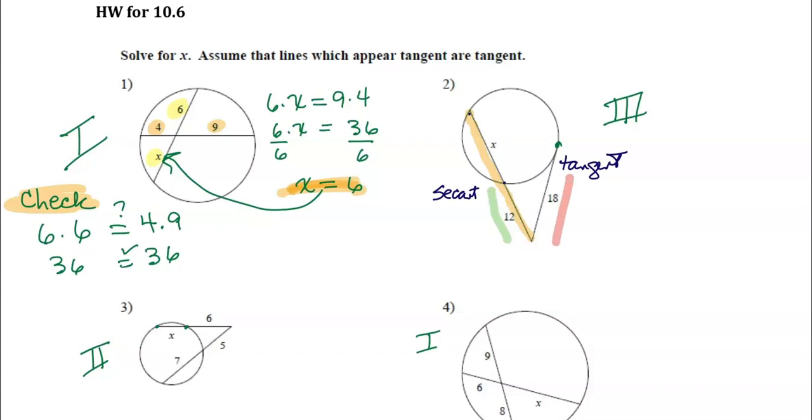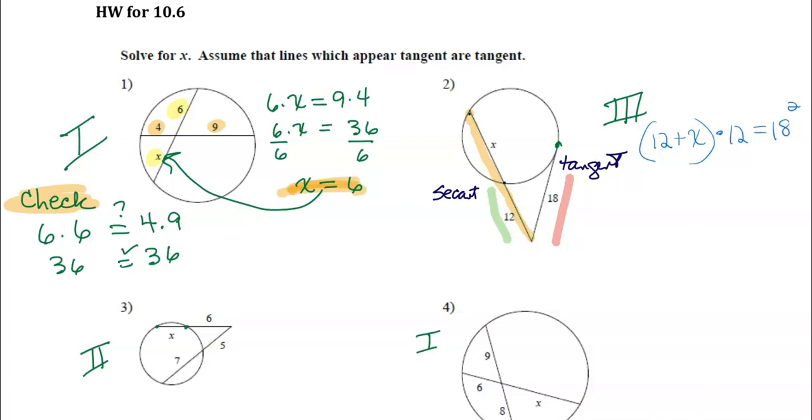Okay, so go back, look at that theorem if that does not sound familiar to you. So let's set it up. The theorem tells me that the entire secant, which is 12 plus x, times the external piece, which is the 12, equals the tangent squared.